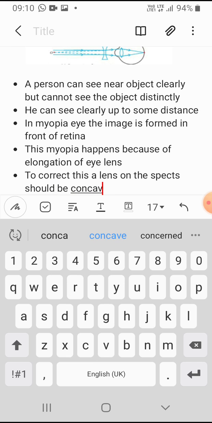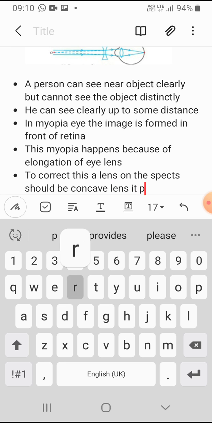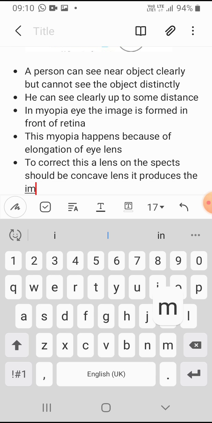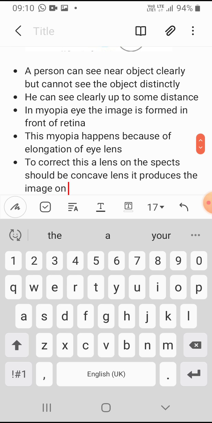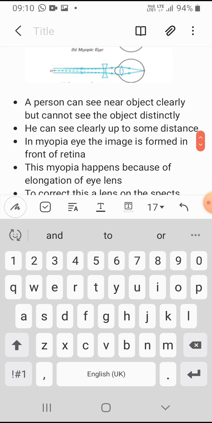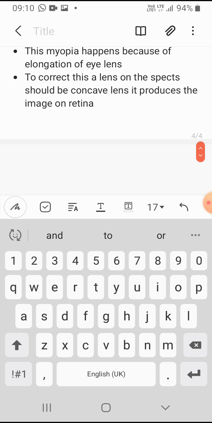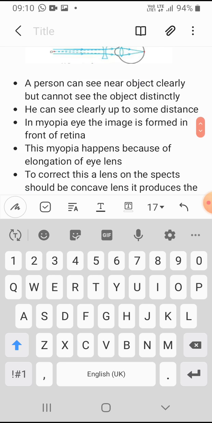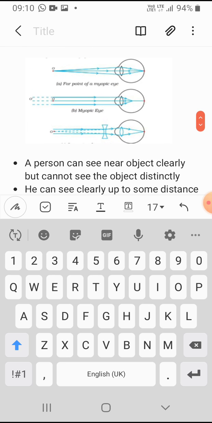If it is a concave lens, it produces the image on the retina only. See here, this concave lens, you can see it is concave. You may have learnt in your chapters how a concave lens looks. So a concave lens looks like this.